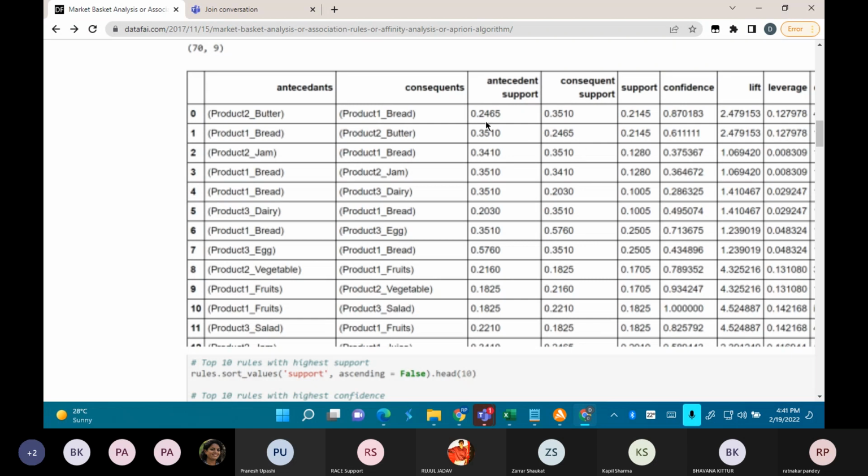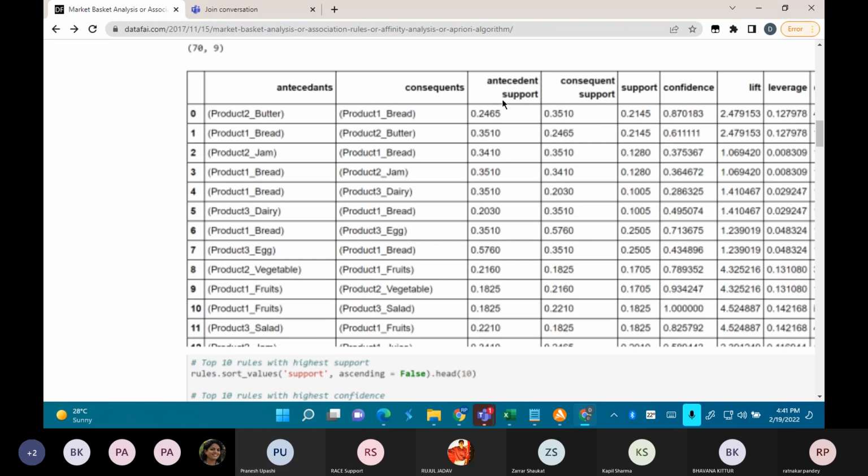So then we get these, and what are antecedent support and consequent support? Just interpretation from this. Which one is the antecedent here? It's labeled over here. Butter.